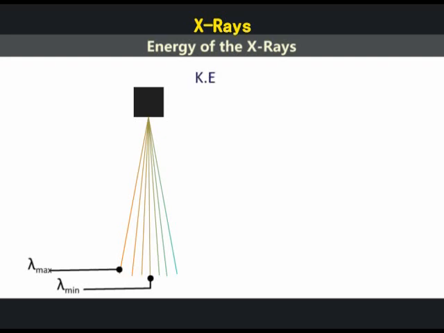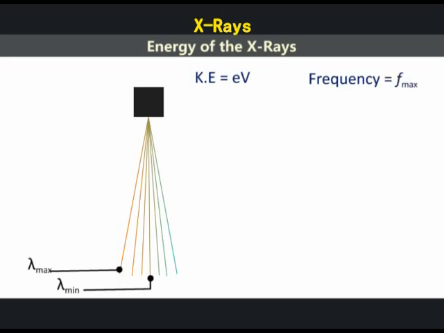The kinetic energy of the bombarding electron is equal to eV, where e is the electron charge and V the accelerating potential difference. If all this energy of the electron is used to produce the X-rays, then the frequency of the X-ray radiation will be maximum, that is f maximum.